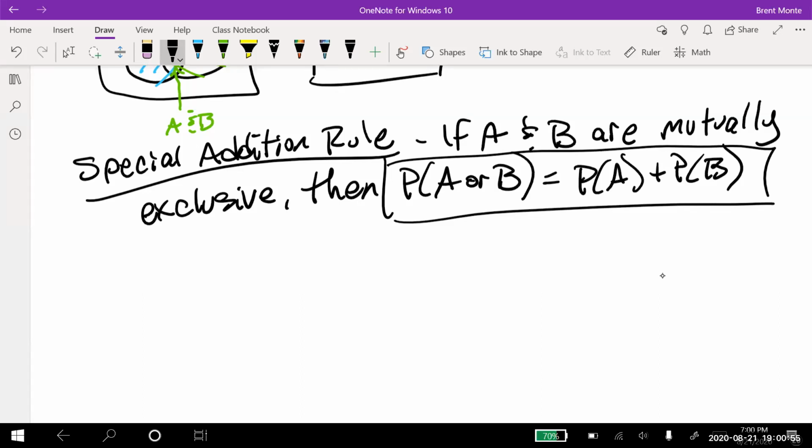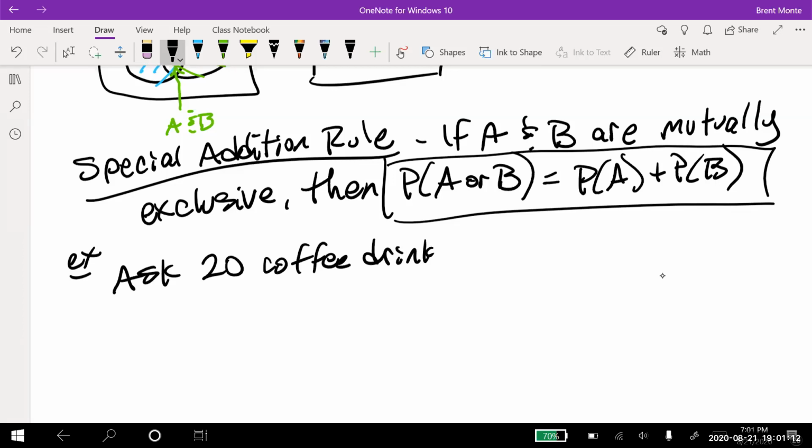All right, so let me show you an example of one where they're not mutually exclusive. So say, for example, we ask 20 coffee drinkers: Do you put cream in your coffee? Do you put sugar in your coffee?